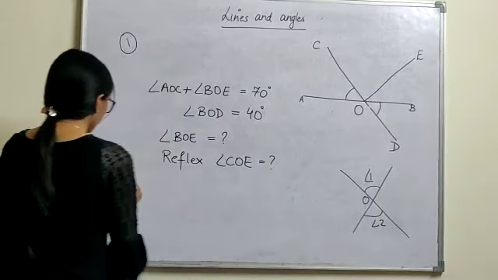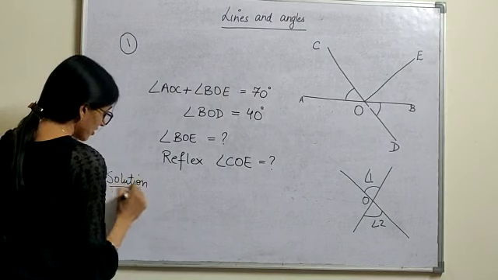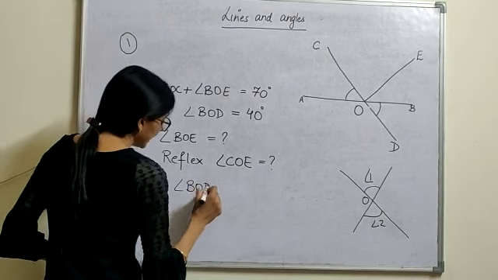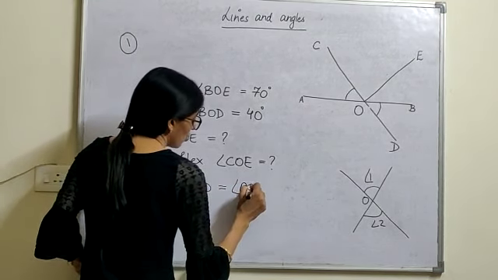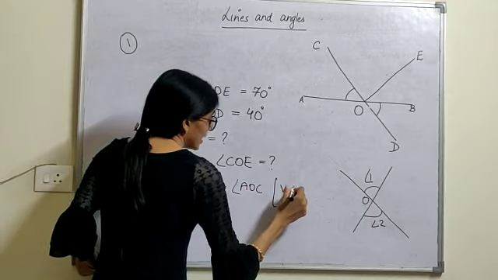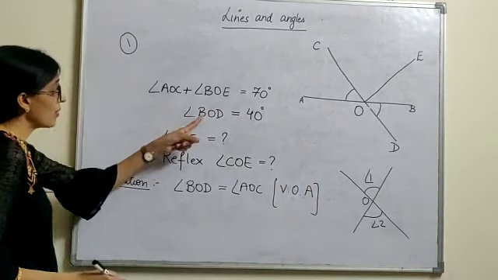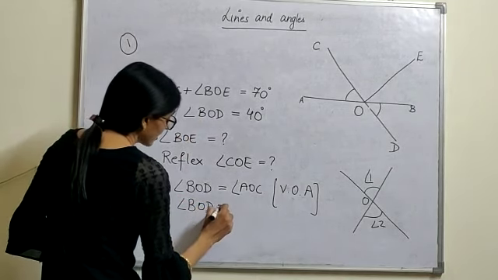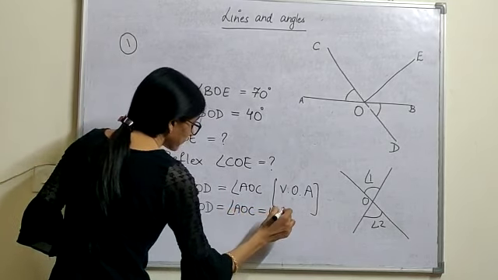So in the solution we can write angle BOD is equal to angle AOC, vertically opposite angles. Both the angles are equal. Now angle BOD is 40 degree, so angle AOC will also be 40 degree.